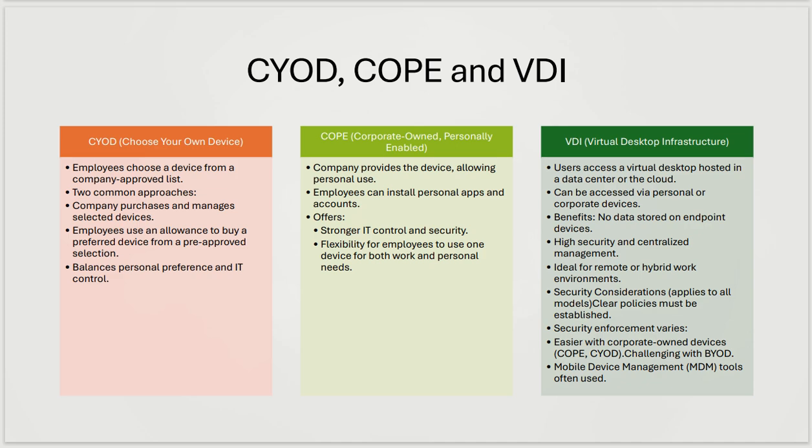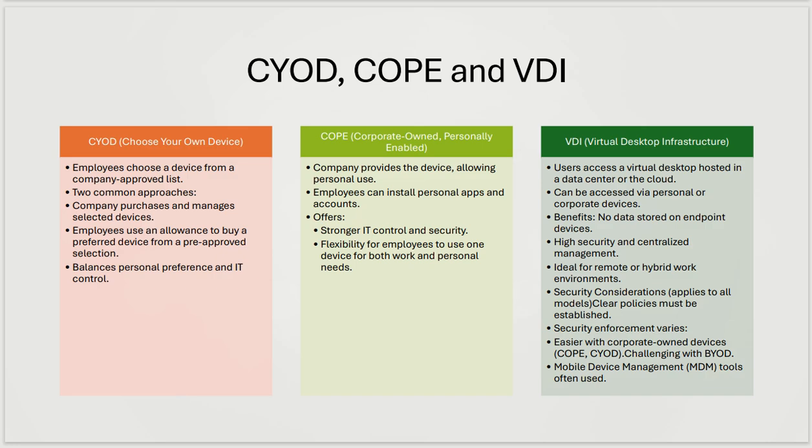In the corporate owned, personally enabled, or COPE mode of operation, the company must provide the device and allows the device to be used for personal things. The employee would install applications for use for work, but they would also be allowed to install personal applications for their personal use.